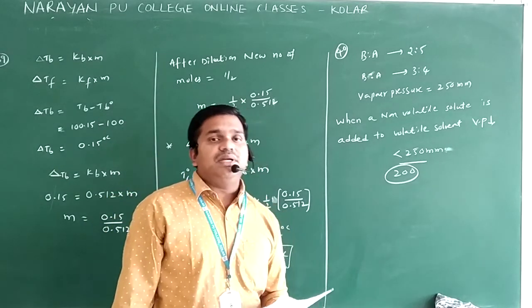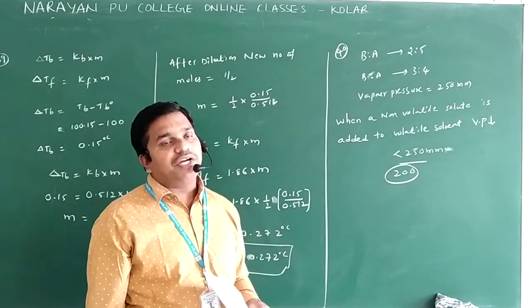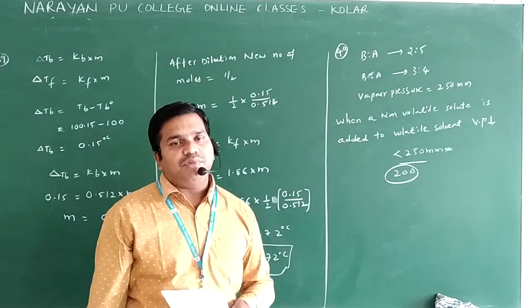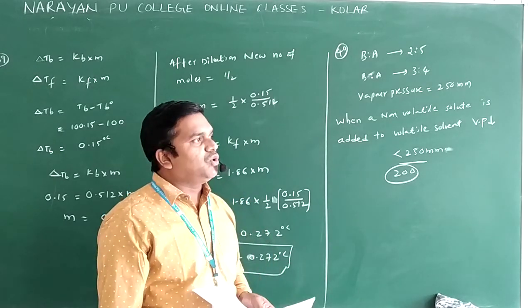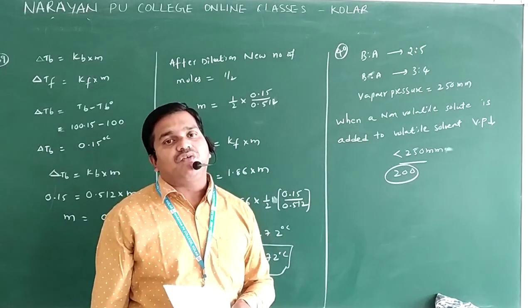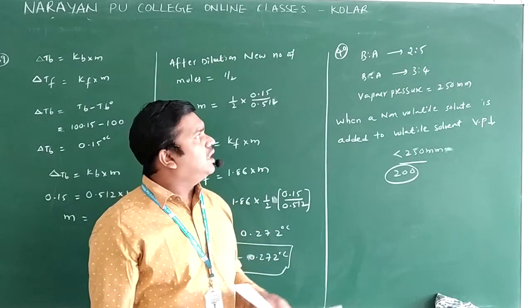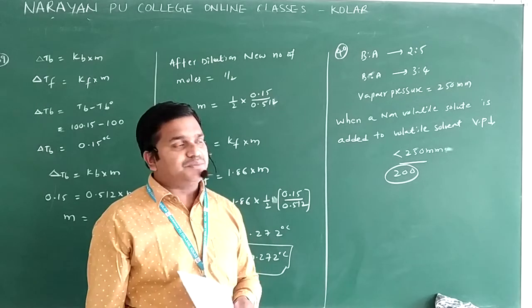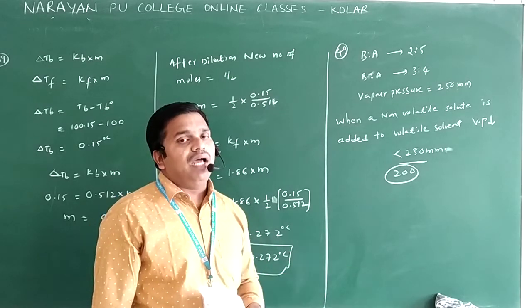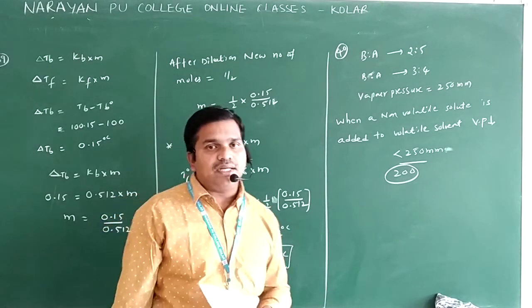Another method also we have. To find out this 200 mm, we want to find the mole fraction of the solute only, then substitute in this formula and you will get 200 mm of Hg.